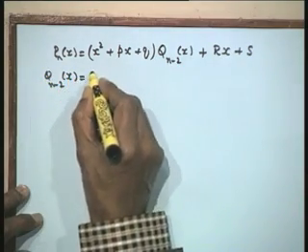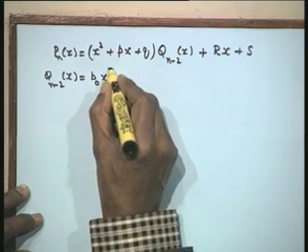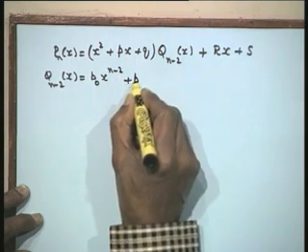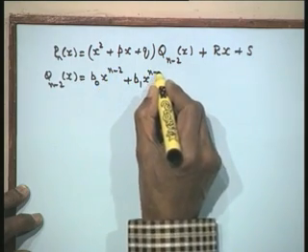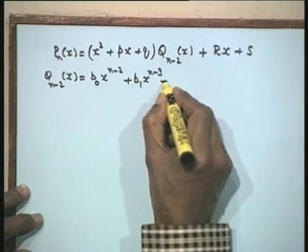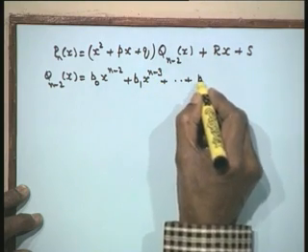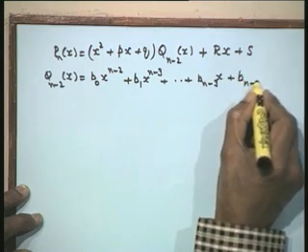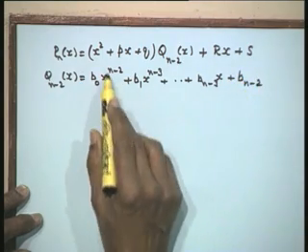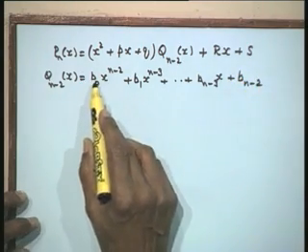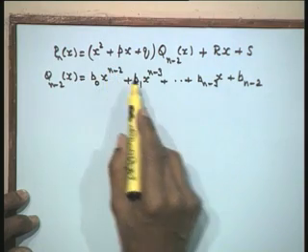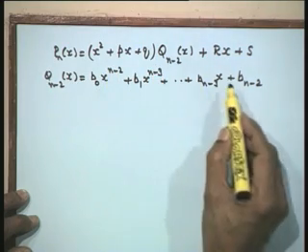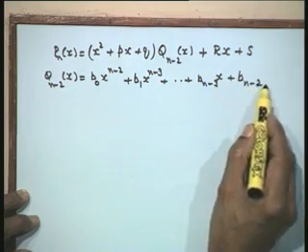So I can write this as b naught x to the power of n minus 2, b1 x to the power of n minus 3, plus so on, b n minus 3 x plus b n minus 2. So it is a polynomial of degree n minus 2, and the constant term is b n minus 2.